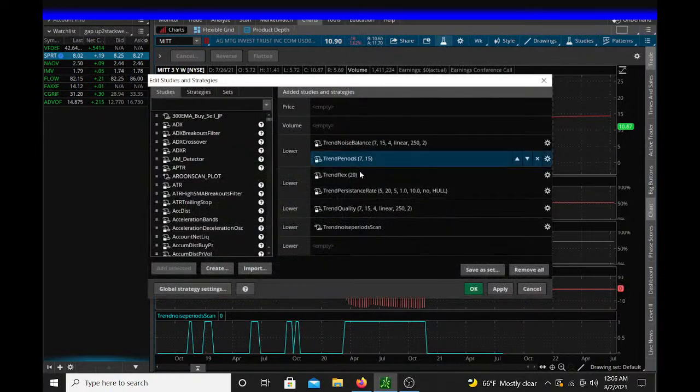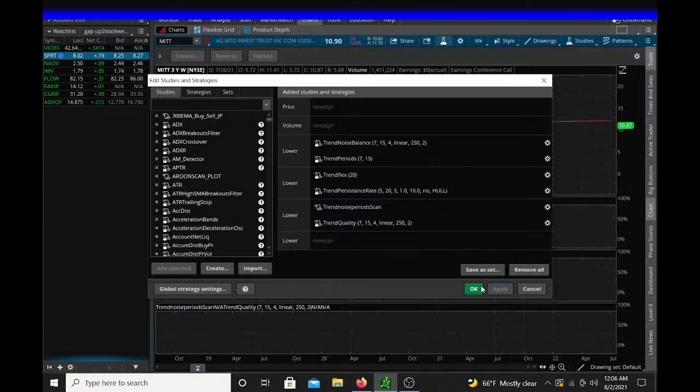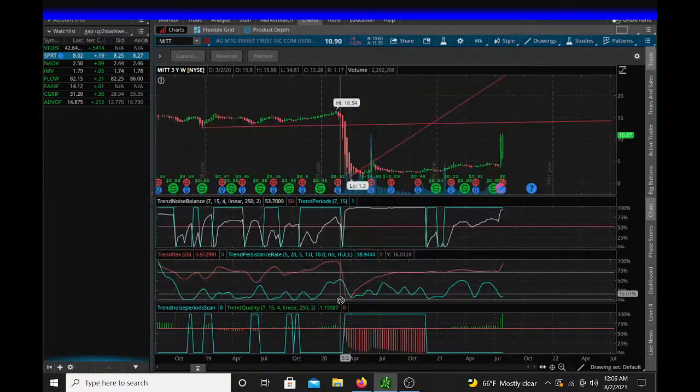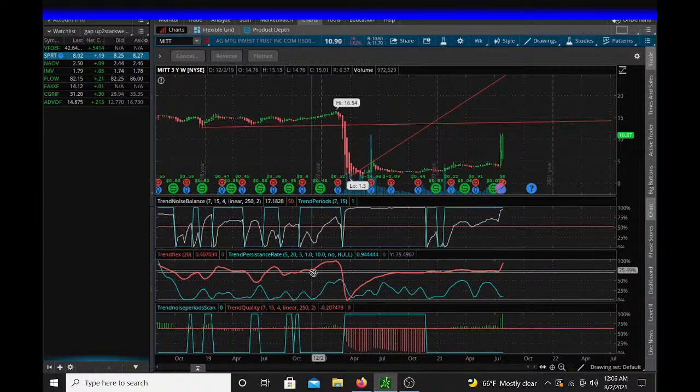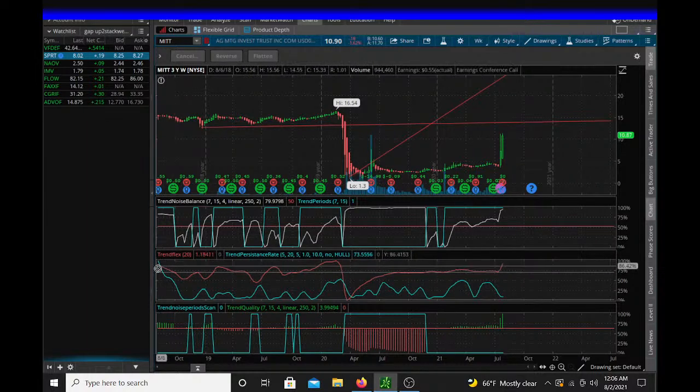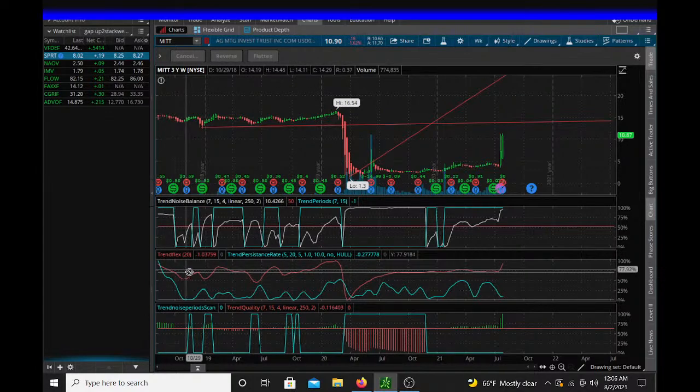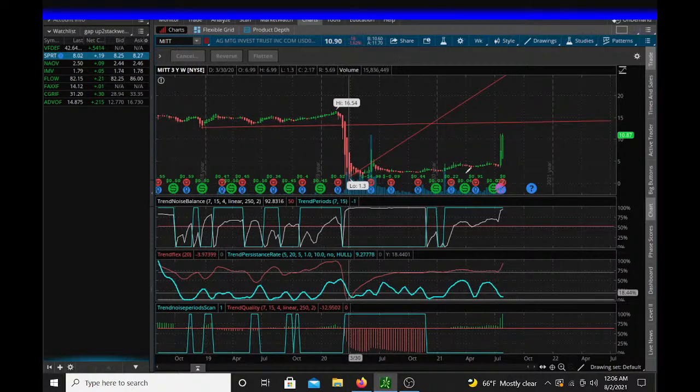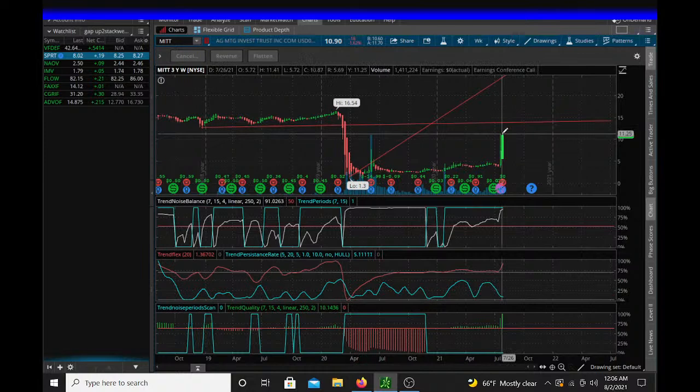All right, so we'll just drop our trend quality right into our trend noise period scan, one that I've created. Although, this crossover here certainly did kind of foreshadow a big drop, did it not? Maybe this cross here foreshadows a big spike, as it did. Okay, from $1 to 11.